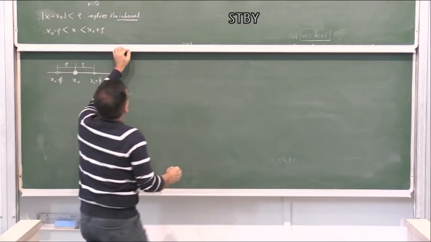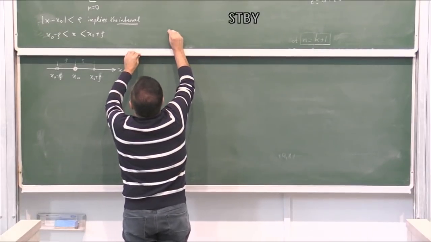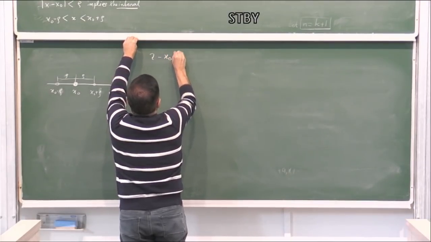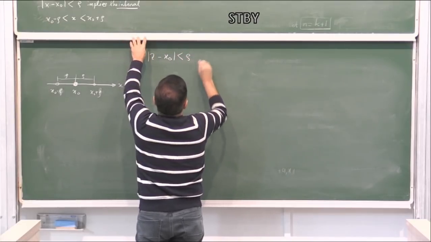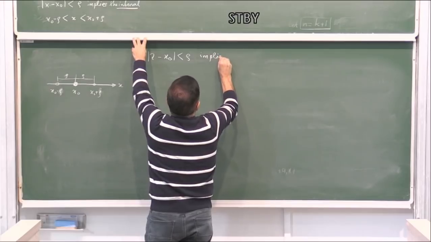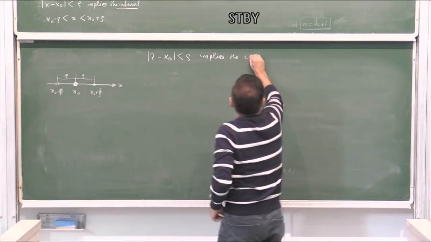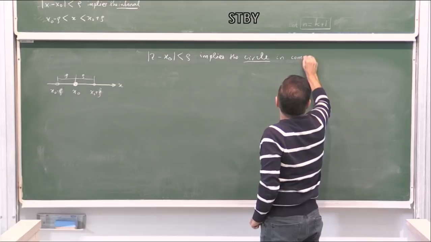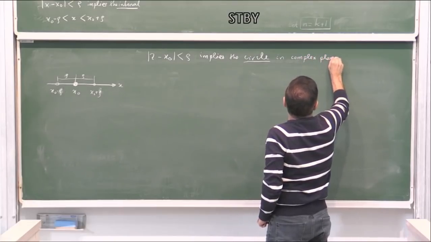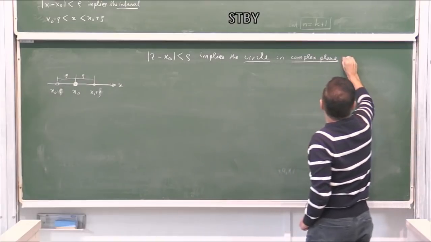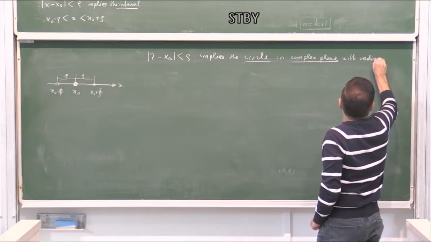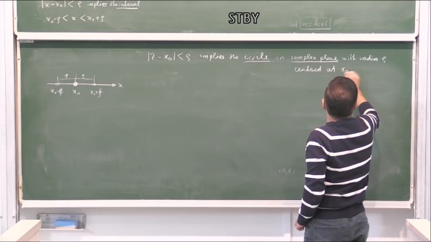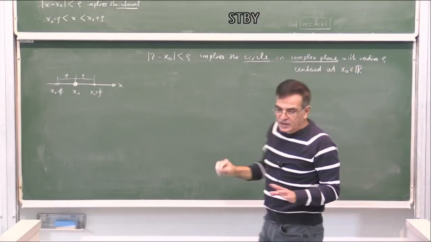In that case, for complex cases, now absolute value of z minus x0 smaller than rho implies the circle in the complex plane with radius rho centered at x0, where x0 is still real.